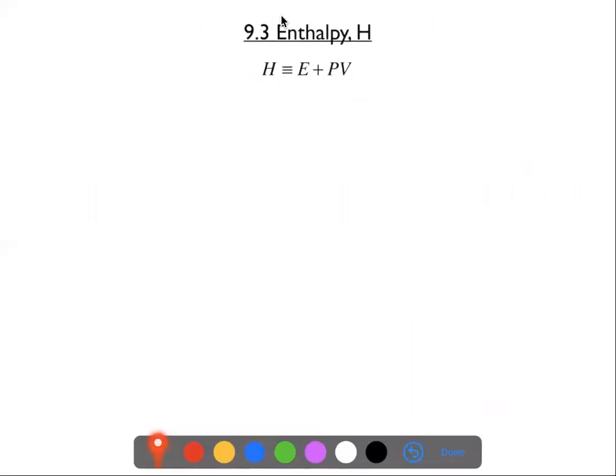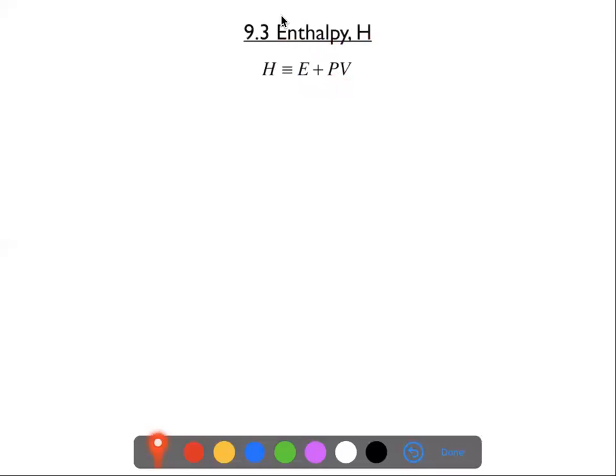So chemists, in part due to this, have defined a new energy term, which we are going to call enthalpy. Enthalpy gets the symbol capital H. And whenever you see this 3-bar equality, that means defined. So enthalpy has been defined to be equal to all of the energy and this factor called pressure volume, so pressure times volume.